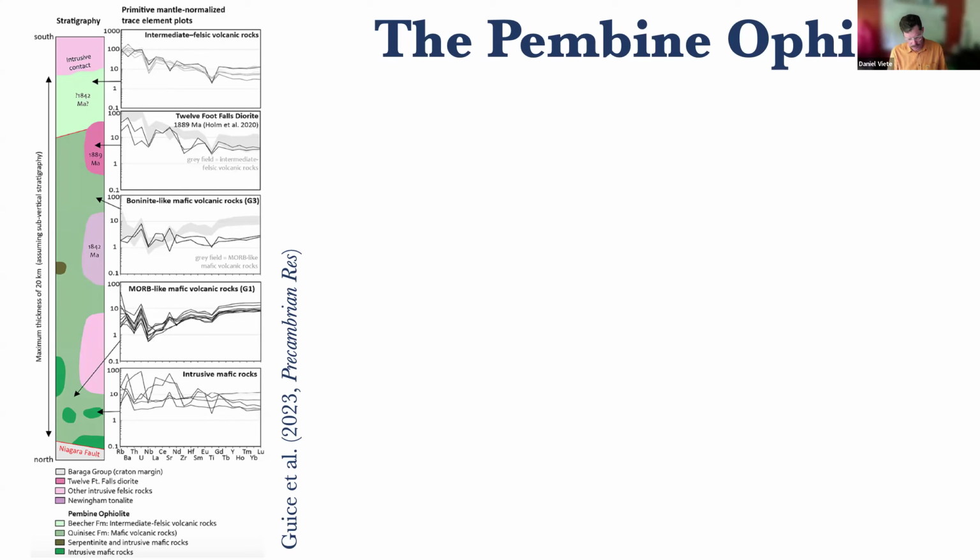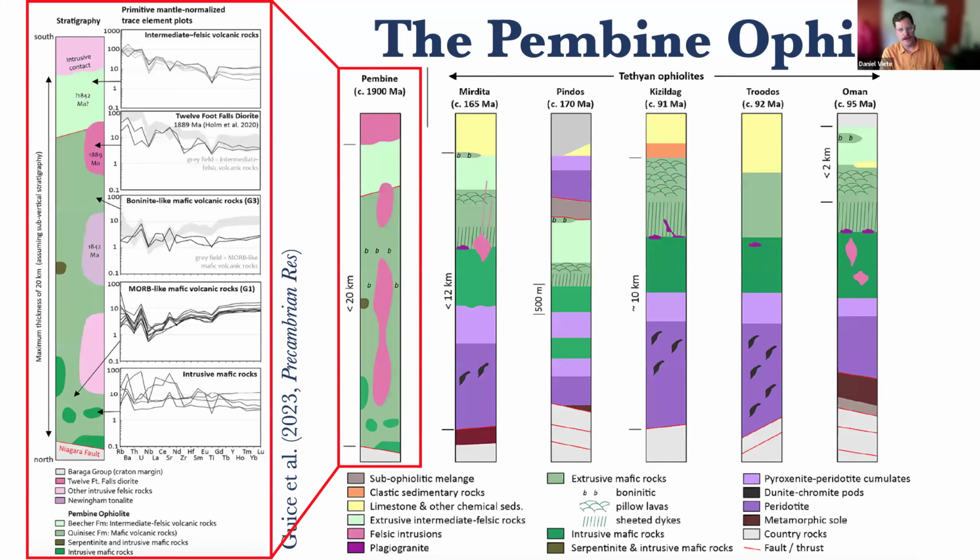So taking this uniformitarian approach, we found what we might expect if this is a supra-subduction zone ophiolite. And George took it a step further and made comparisons with the supra-subduction zone ophiolites of the Tethyan system, those from Europe across to West Asia, including Cyprus and Oman.